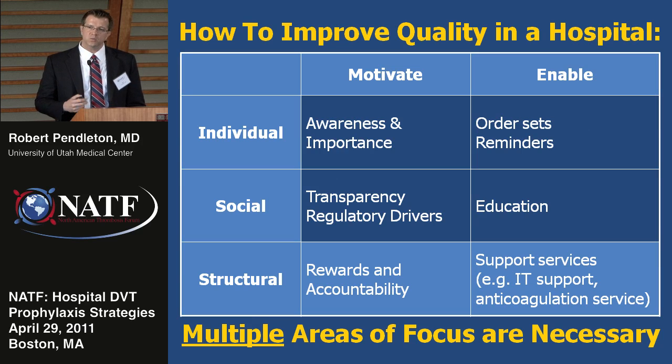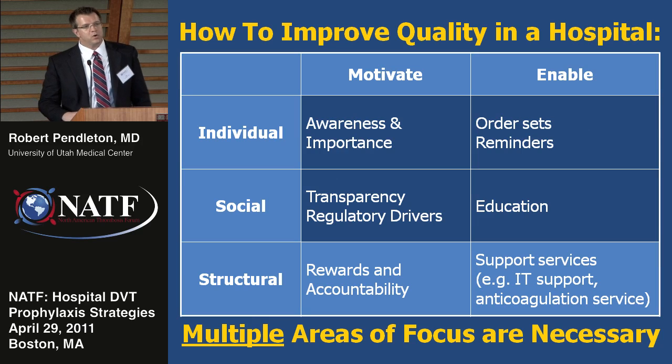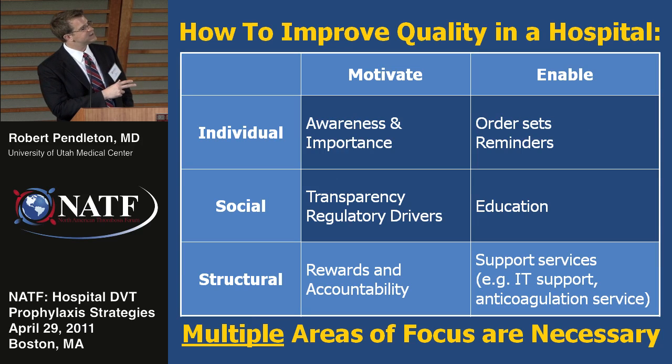And then importantly, we can and must design structural elements that align rewards and accountability and that tap into other support mechanisms like our IT services if we have a hospital with an electronic medical record, or perhaps other support services like an anticoagulation service. But what's important is when we're trying to accomplish something like DVT prevention at a hospital level, we must hit this grid in as many places as we can.